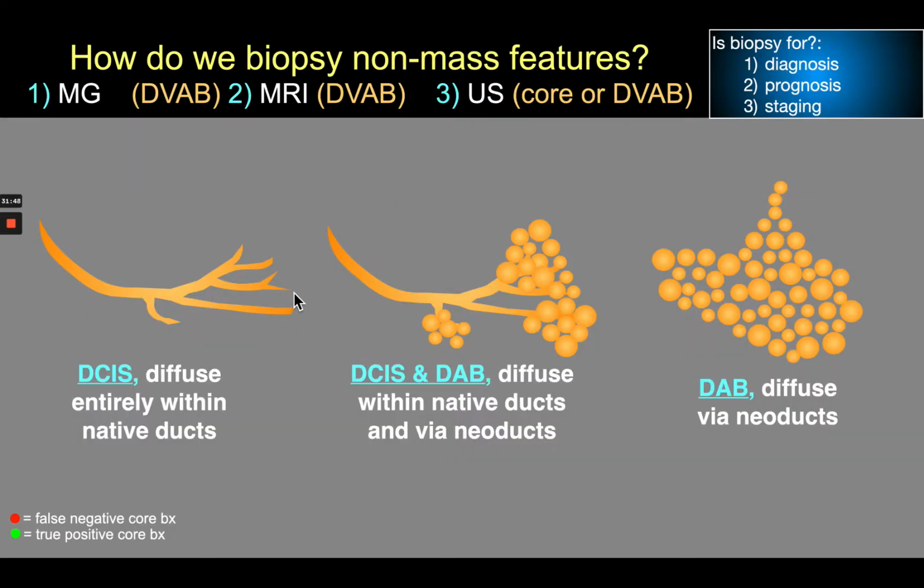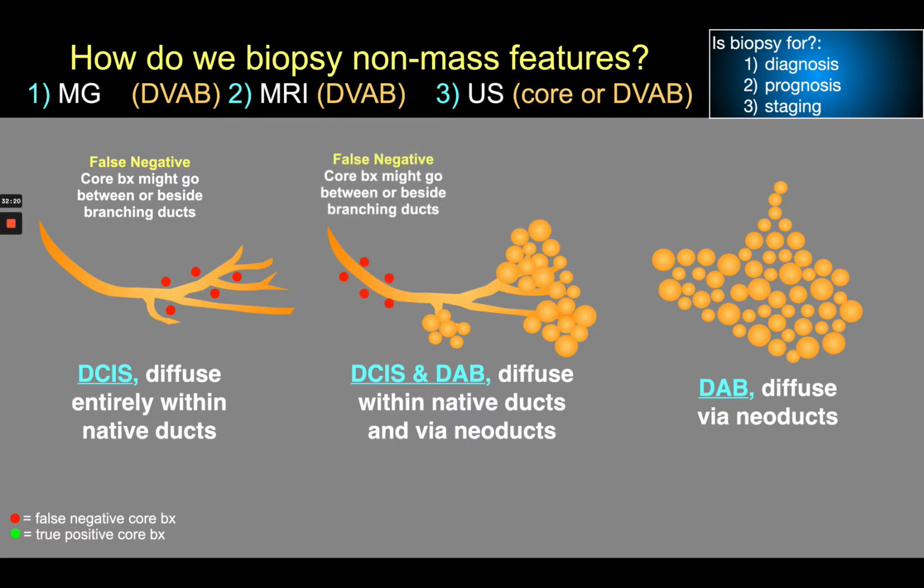So, I think that there's a definite advantage to using vacuum biopsy when you're trying to document the cause of non-mass enhancement on MRI with an ultrasound-guided biopsy. So basically, if it's just native ducts that are involved, it's really easy to shoot between the ducts with core biopsy and come up with a false negative. On the other hand, if you core biopsy into an area with neoducts, you're not gonna miss.